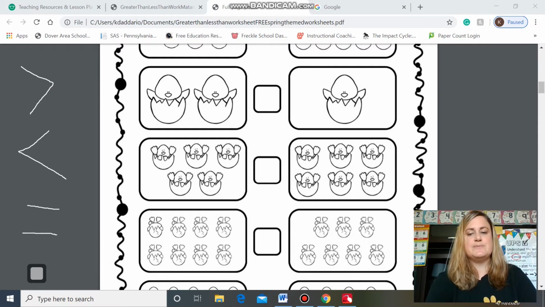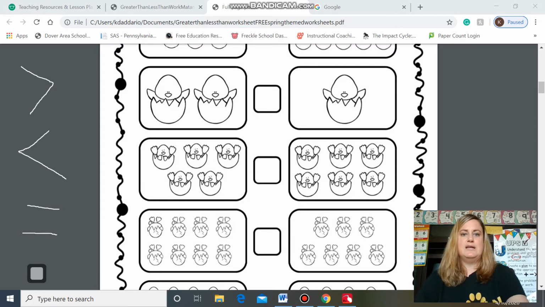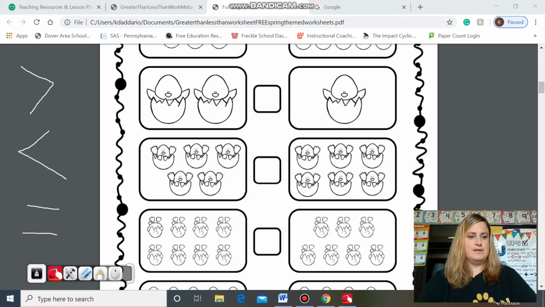So if I look at the first picture here, I've got how many chicks on the left side, if you're counting them? I have 1, 2. So this is a group of 2 chicks, and on this side I have a group with 1 chick. So if I wanted to compare my numbers, I would put which sign in the box?